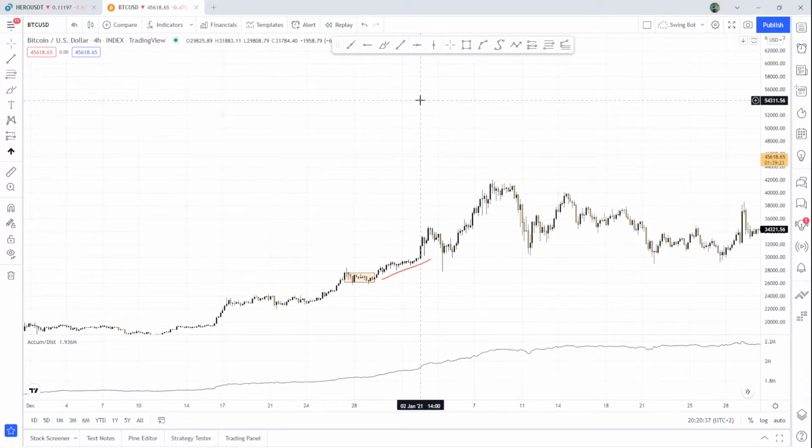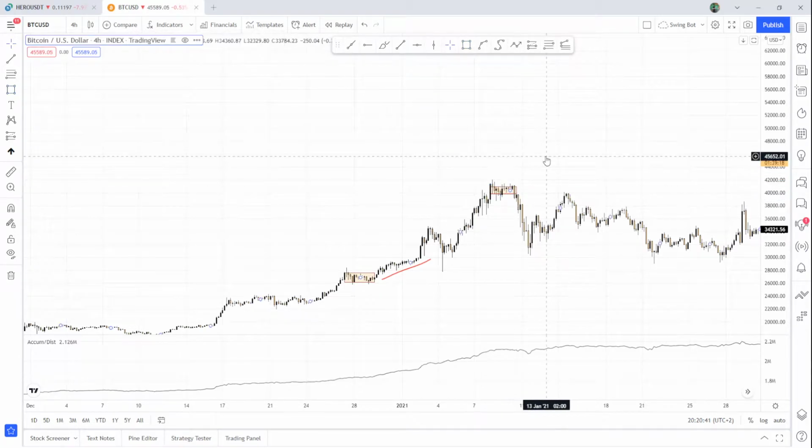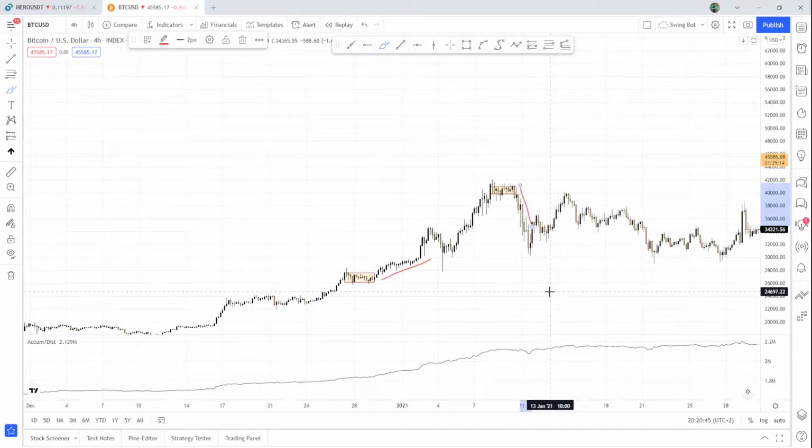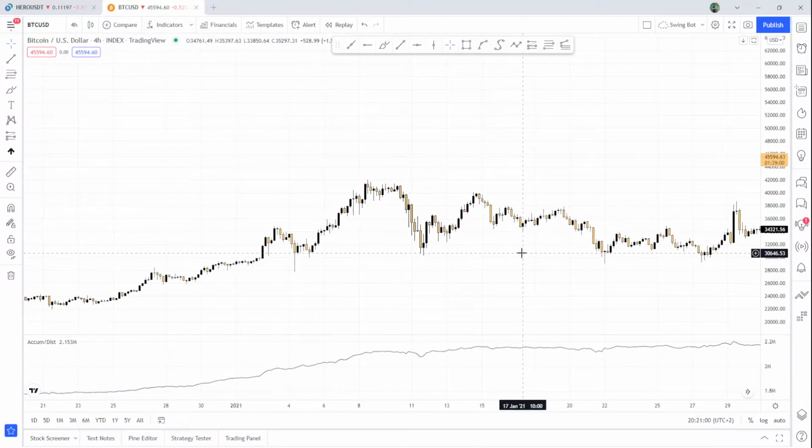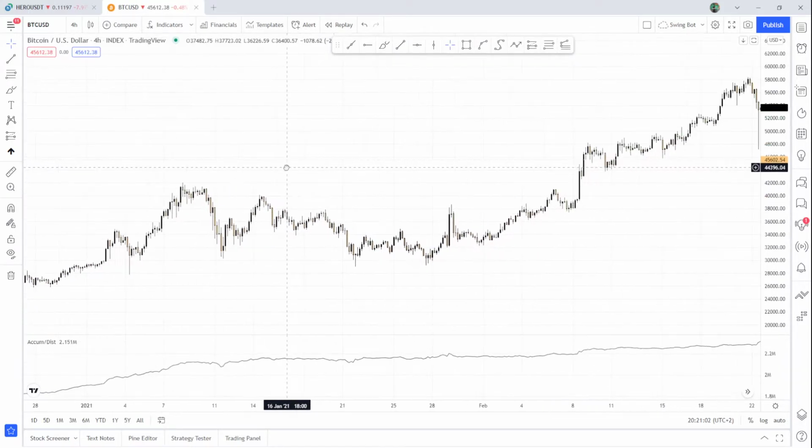When it goes down, here also we have an accumulation zone, and then we have distribution down. So actually that break up or break down is distribution, and everything in between is accumulation. So it's important to spot these zones.